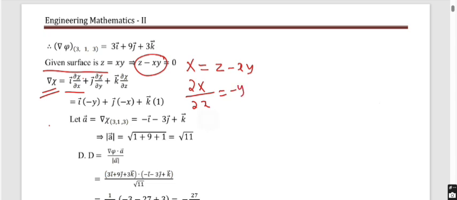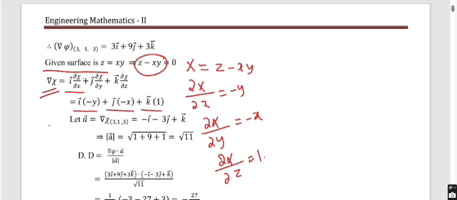In the same way, dou X by dou y equal to minus x, dou X by dou z equal to 1. Now we substitute all these values here, that is i vector into minus y plus j vector into minus x plus k vector into 1.